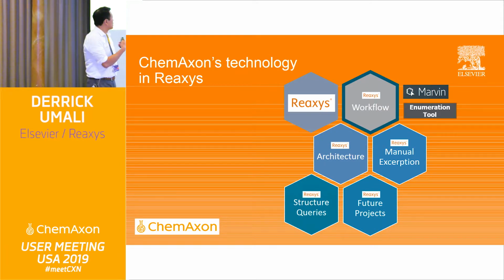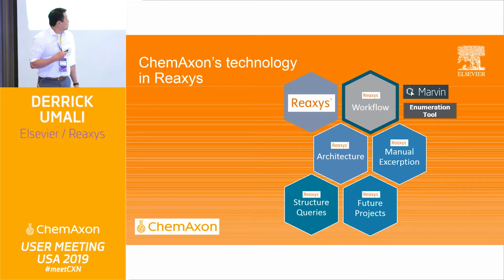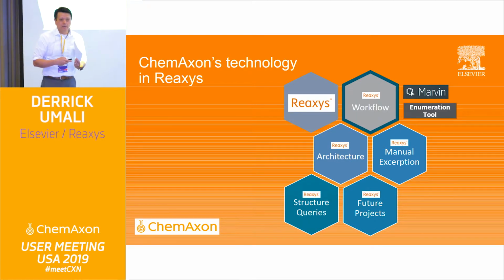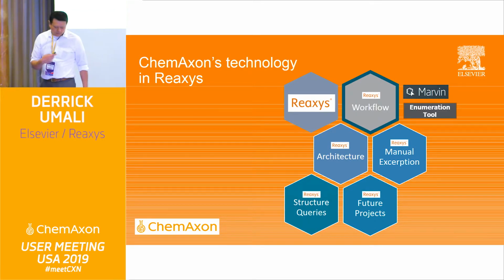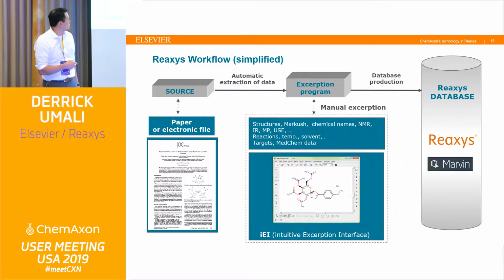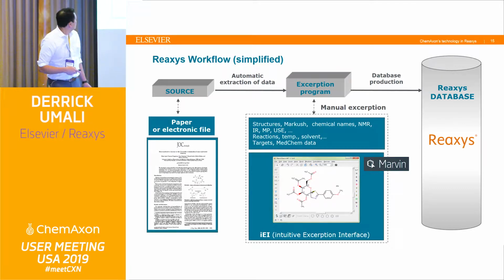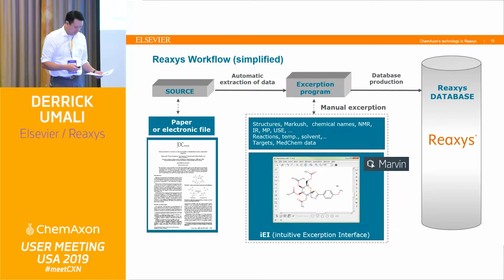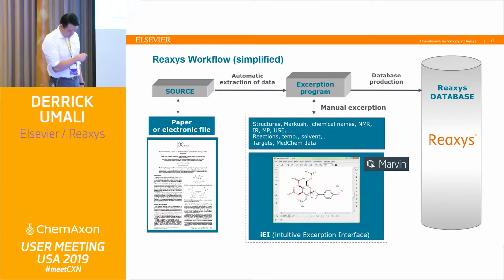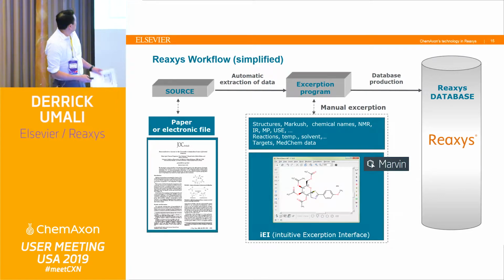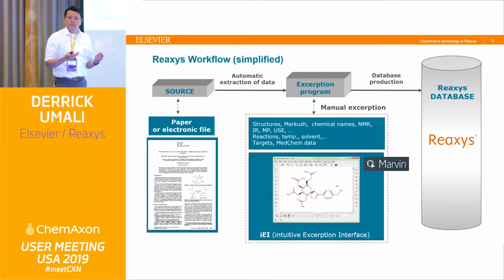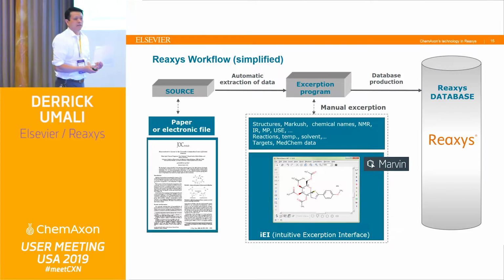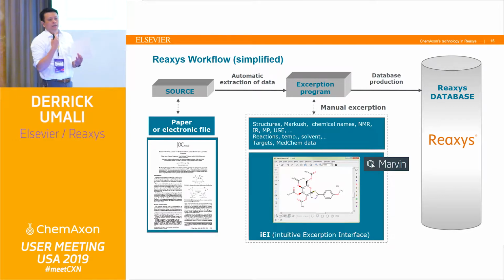Now let's go into how the product team at Reaxys uses ChemAxon tools in the workflow to build the database. Right, so we have our paper file here, just on the left-hand side. We do an automatic extraction of the data, run that through, and get the abstract, title, keywords.